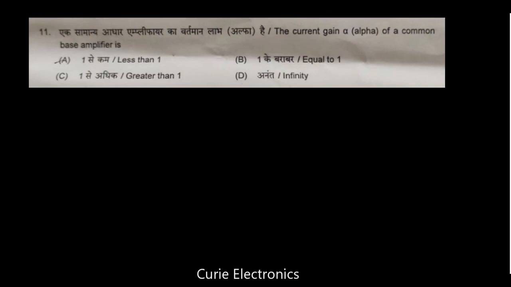The current gain alpha of a common base amplifier is, see, alpha we know, common base amplifier, and it is always less than 1. Alpha is less than 1. What is the alpha? Because base is common, that means it should be IC upon IE.